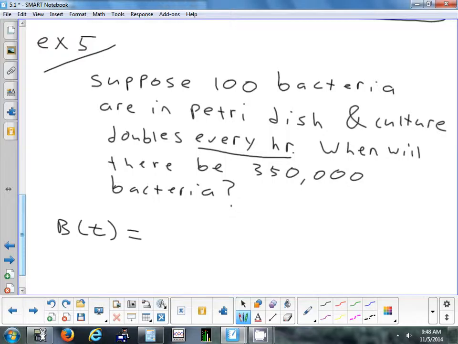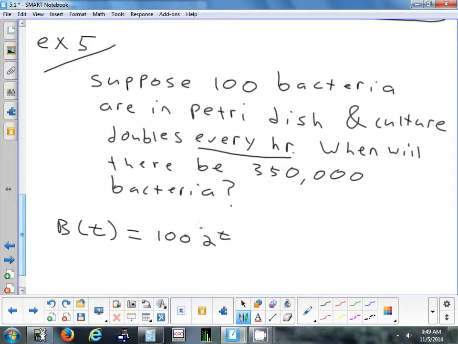What's going to be my formula here to represent how much bacteria I'll have at a given time? Yeah, Andrew, you think you know? 350,000 is equal to 100 times 2 to the t.